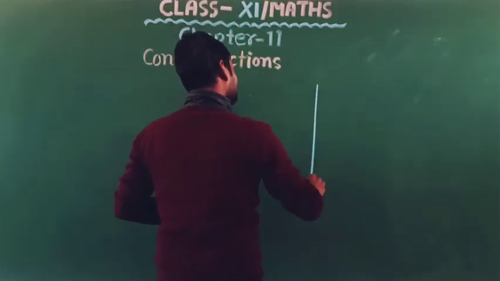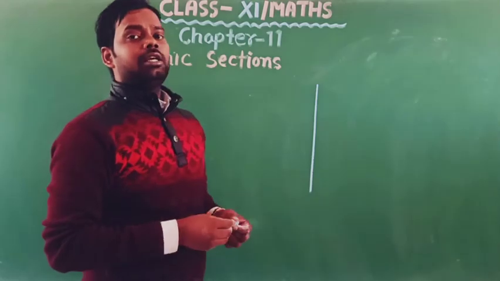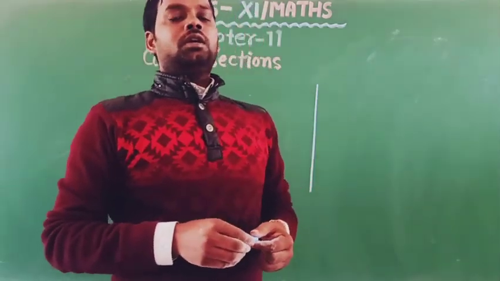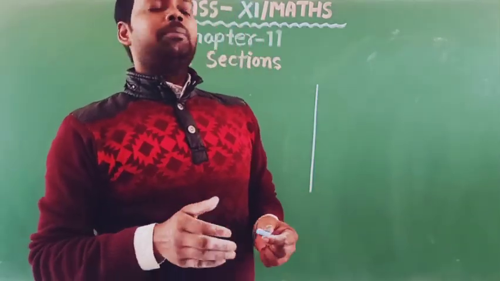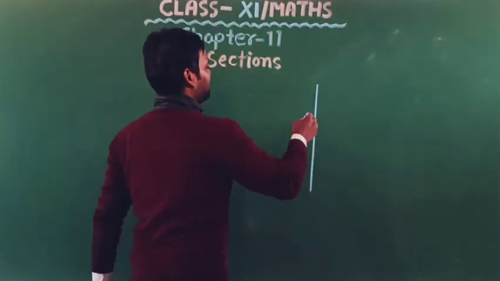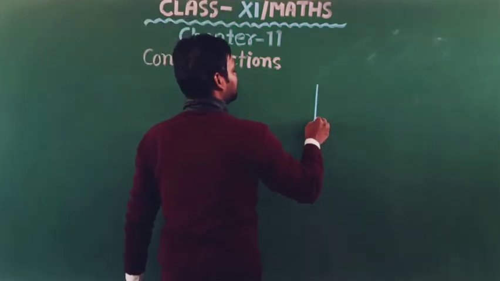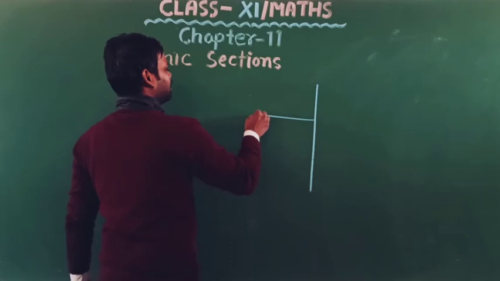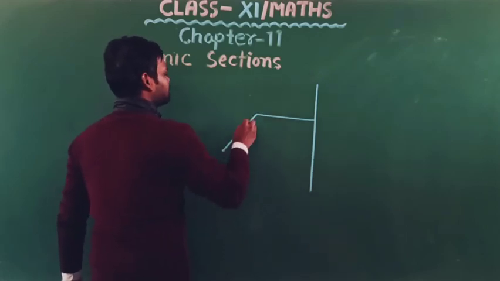Basically, a conic section is the locus of a point P which moves in a plane in such a way that the ratio of its distance from a fixed point to its distance from a fixed line always remains constant.